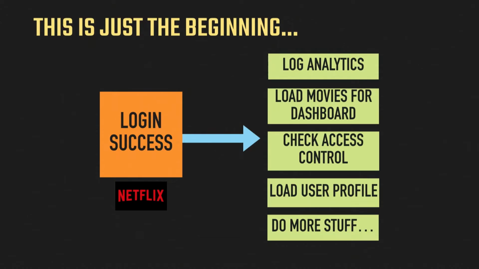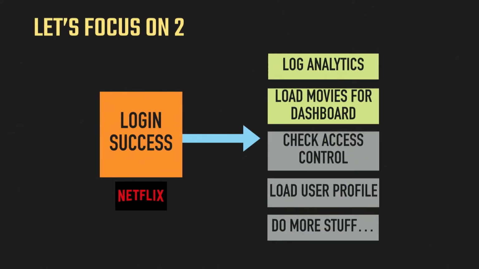We have shared access and everything. We want to show our profile and do more stuff. But for now, in the upcoming example on how we handle several requests and how the middleware could do it, we are going to focus on analytics and loading the movies for the dashboard whenever a login success event is fired.